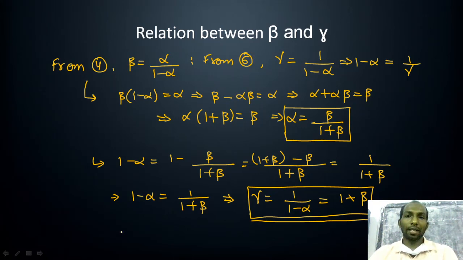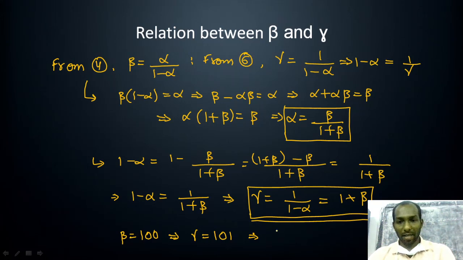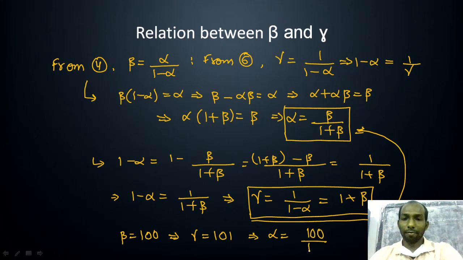Suppose for a transistor the beta value is 100, then its gamma value becomes 101, and alpha, by using this equation, is equal to 100 by 101. So this is how we can find the other current amplification factors from the CE current amplification factor, that is beta.